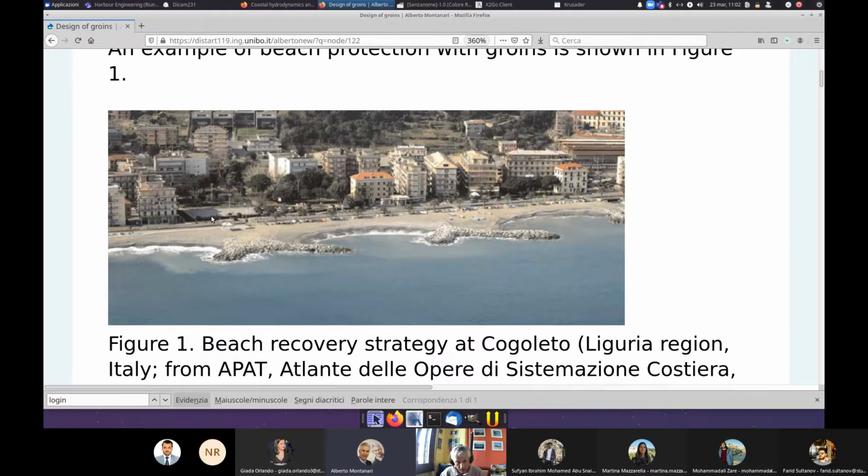What is the concept behind it? The concept is that when you build a groin, which has a dominant extension that is perpendicular to the shoreline, you originate movement of the shoreline forward, which takes place because if you have an important longshore sediment transport, the groins trap the sediment transport between them.